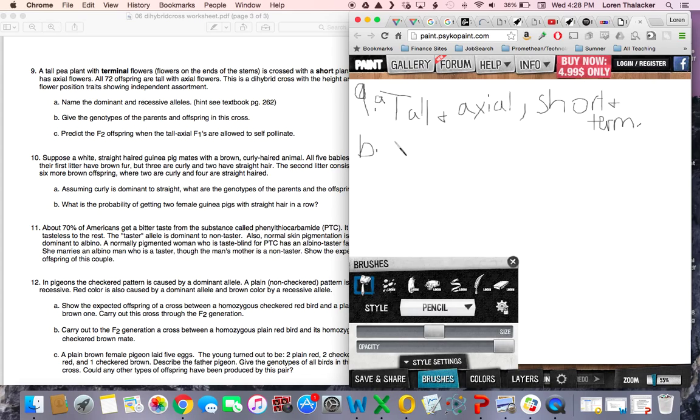So when we cross our parents, let's use a T for tall and a little t for short. If they are tall flowers on the tall pea plant, and then terminal flowers, which we determined are recessive, we'll use a little a for terminal. And we cross that with a short plant with axial flowers, which we determined are dominant.